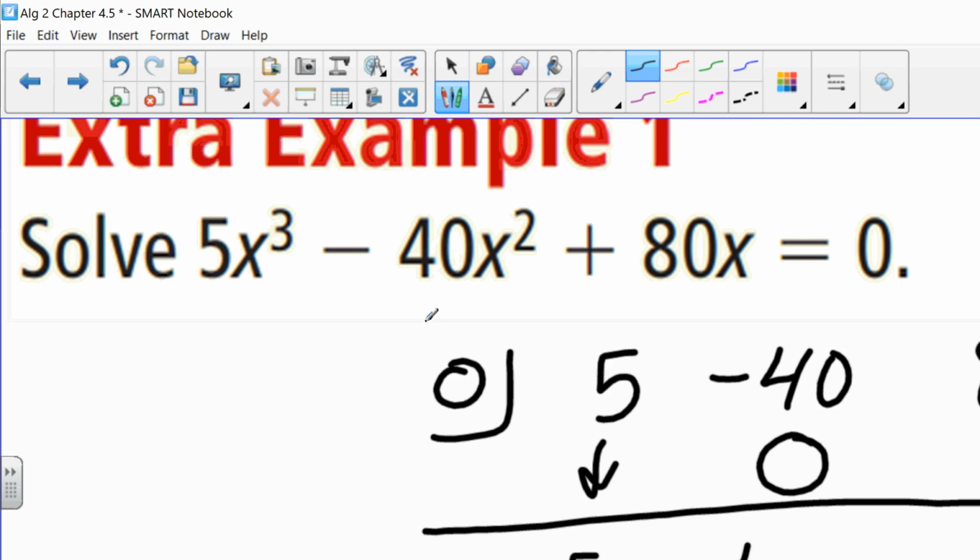Negative 40 plus 0 is negative 40. 0 times negative 40 is 0. And 80 plus 0 is 80. 0 times 80 is 0, and 0 plus 0 is 0. So it is a solution because we know that when the remainder is 0, it is a solution.